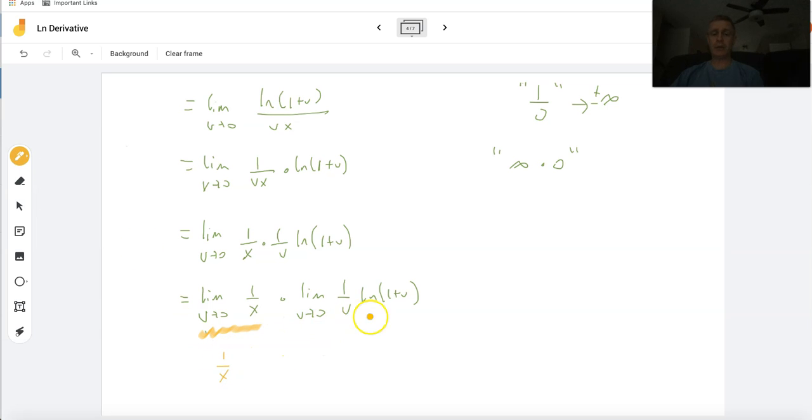But the problem now, unfortunately, is with this other limit, where more analysis is going to be required. Technically we still have, as v approaches 0, 1 over 0, which is some form of infinity, times the natural log of 1 plus v, which is still going to be 0.